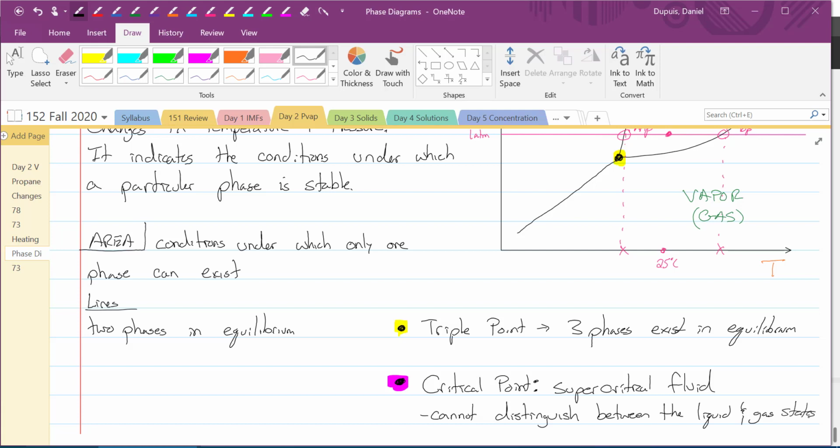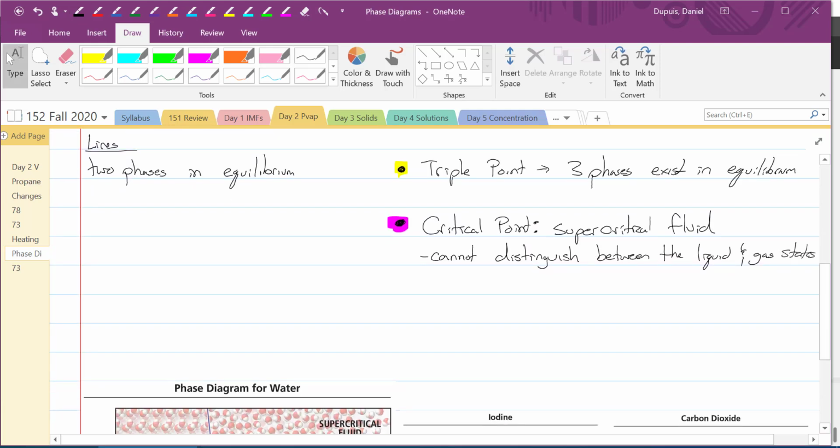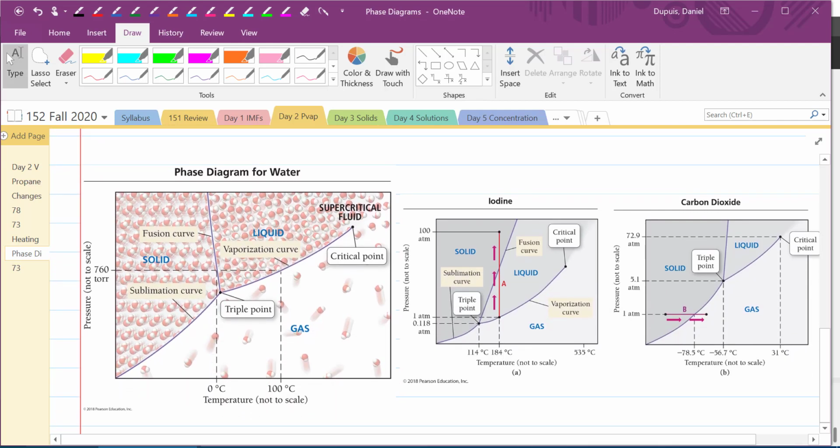So let's look at some phase diagrams. Here's 3 of them. There's a couple things that I want to show you. The critical point of water, just so we know, kind of goes this way, up in this region, this critical point and that critical fluid, happens to be at 218 atmospheres and 374 degrees Celsius.